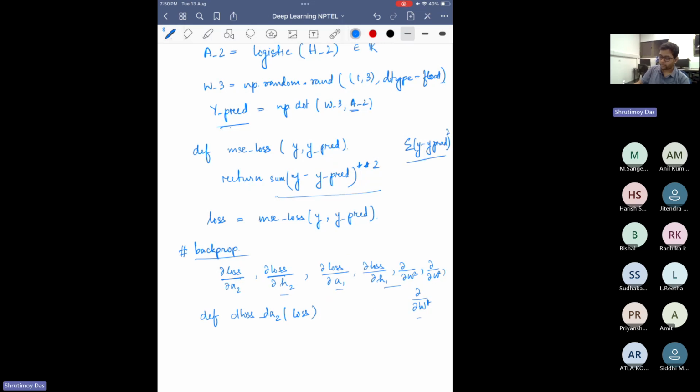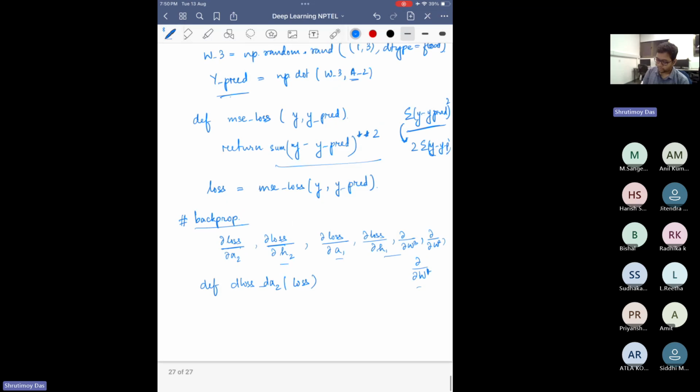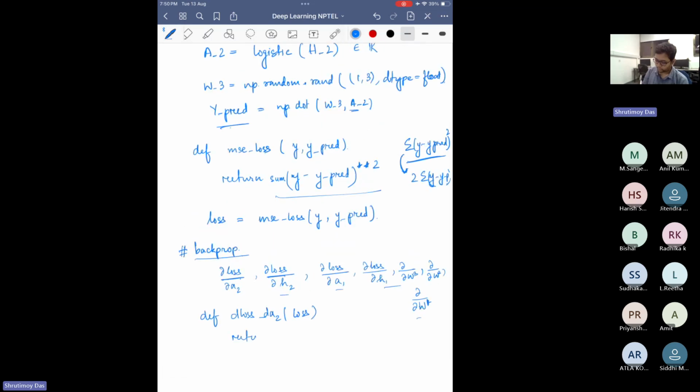What is the derivative of this? Here you will return 2 times the sum of (y minus y pred). So this thing gives you this.